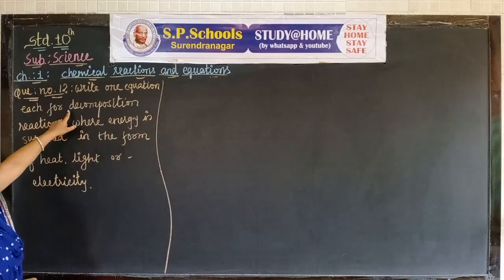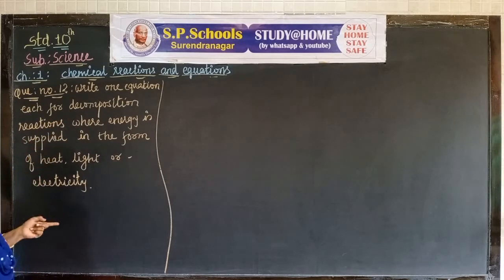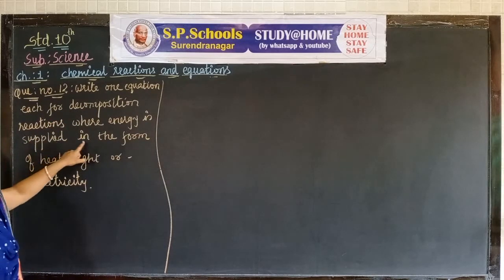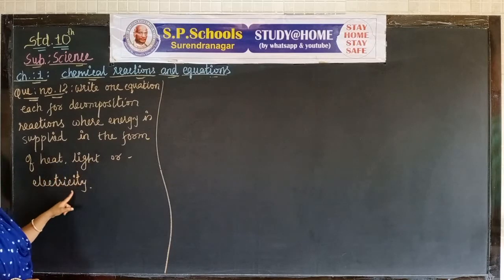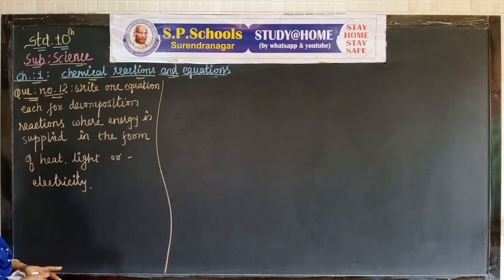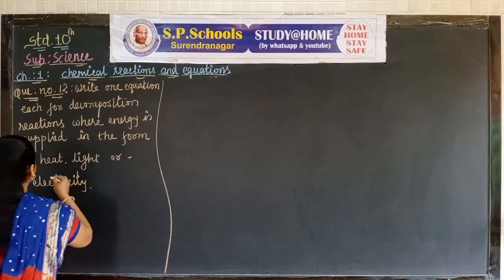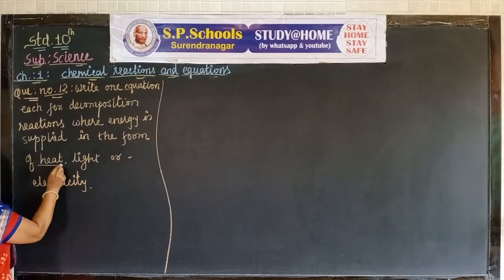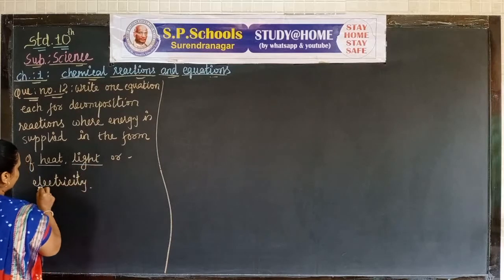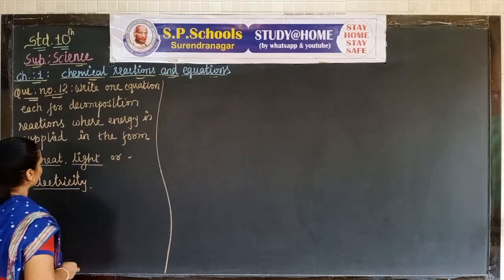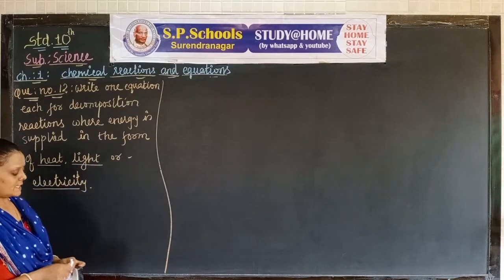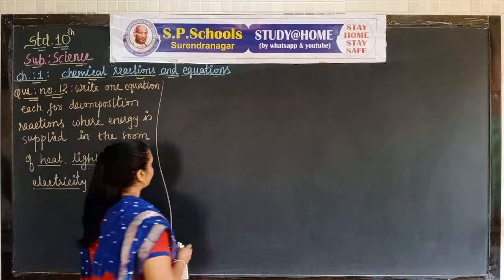In decomposition reaction, we give equation in the form of heat, light or electricity. First we give equation for heat, then light and finally give the equation for electricity. Let's give equations.